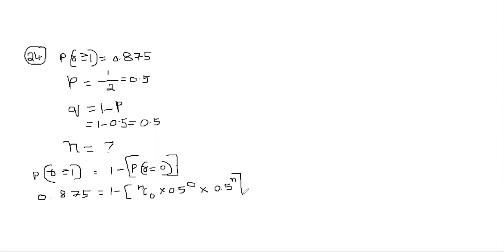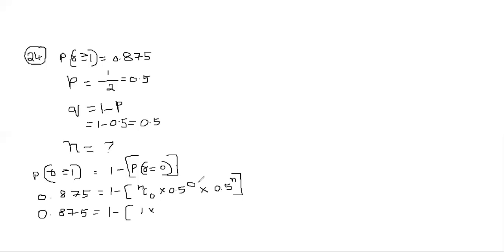You don't know the value of n. 0.875 is equal to 1 minus. So n value may be anything, but if r value is 0, you'll get answer 1.